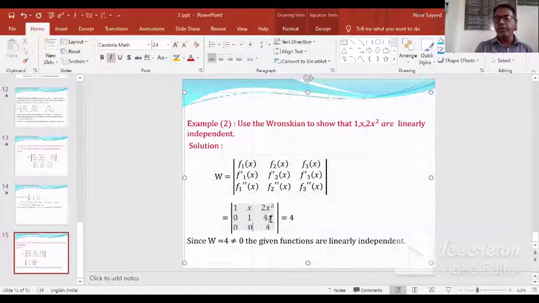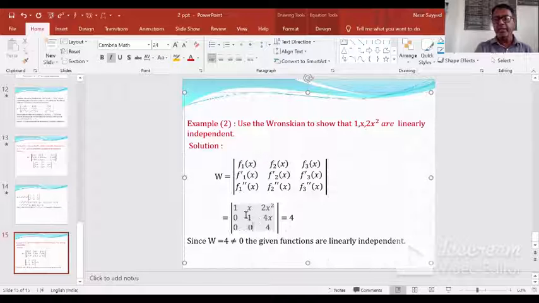If we evaluate or expand this determinant, we get 1 into (4 minus 0) minus x into (0 minus 0) plus 2x square into (0 minus 0). Meaning we only obtain 1 into 4, which is 4.